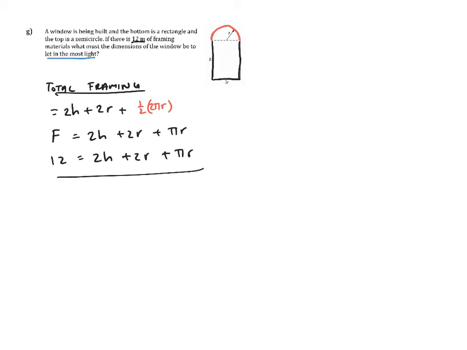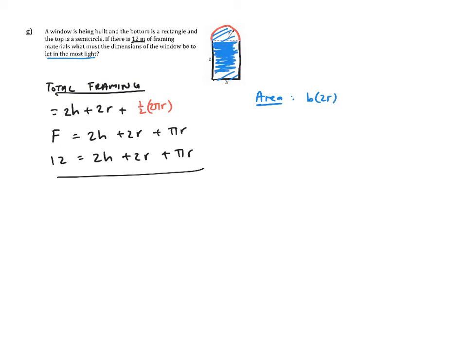To let in the most light, of course, the greater the area of the window, the more light will come in, right? So please don't try to work out the volume of the window. That will not be necessary. So if we want our equation for optimized area, it's going to be the area of the rectangle, so that is the base times the 2r. Do you follow? So it's that part there.